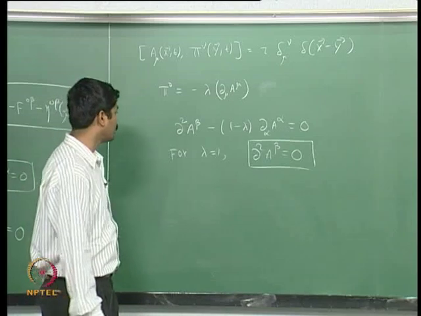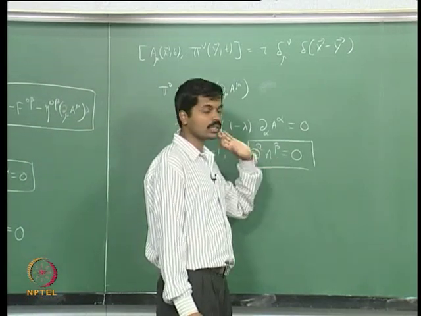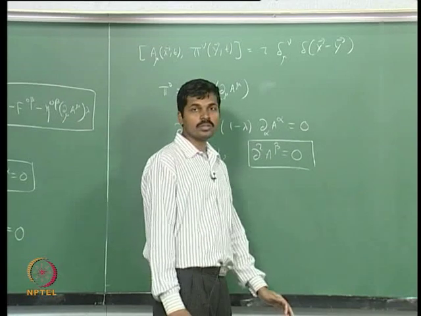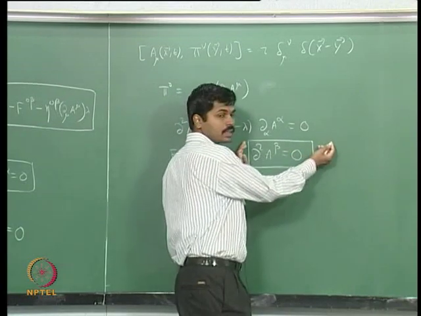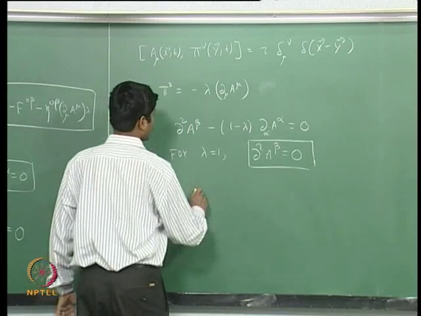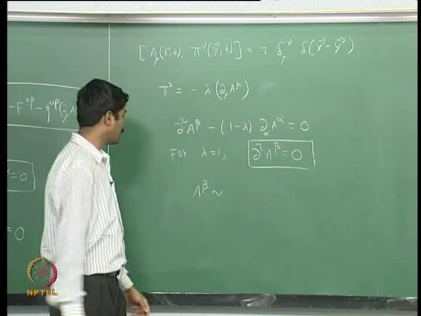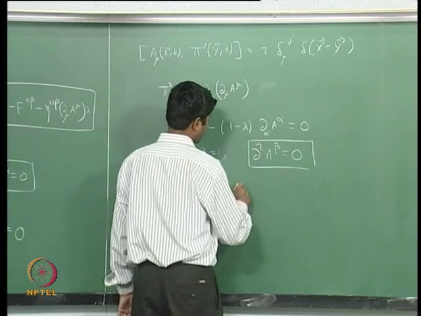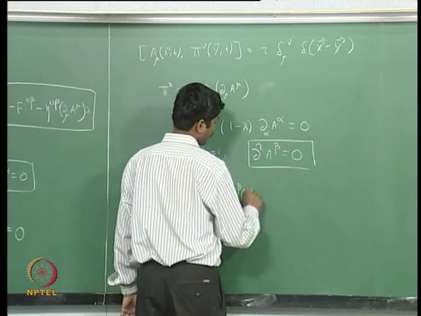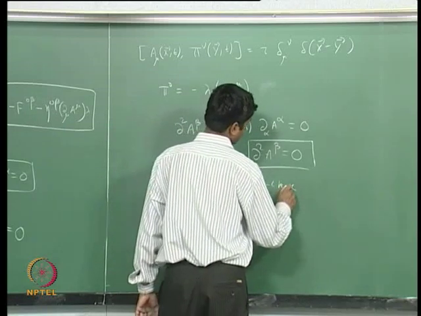There will be 4 linearly independent solutions now, because we are no longer doing any kind of gauge fixing here. Therefore, your A beta will go like some epsilon beta of k e to the power minus i k dot x.